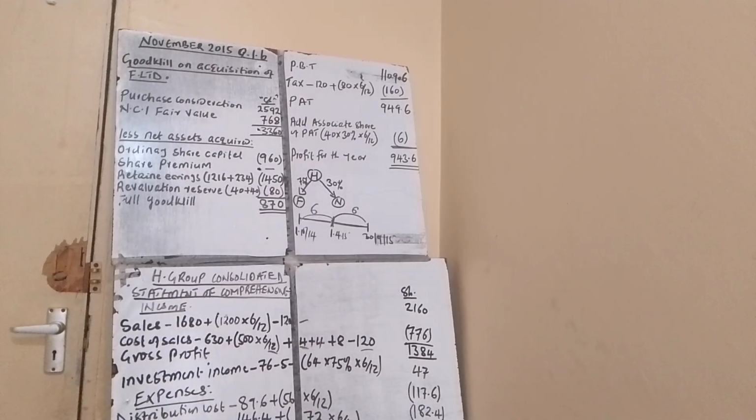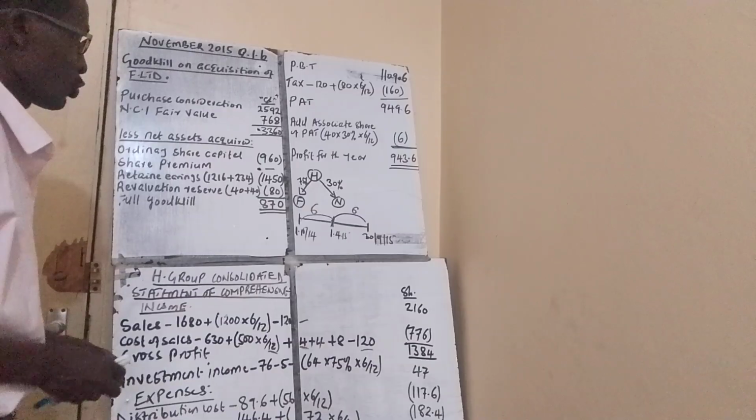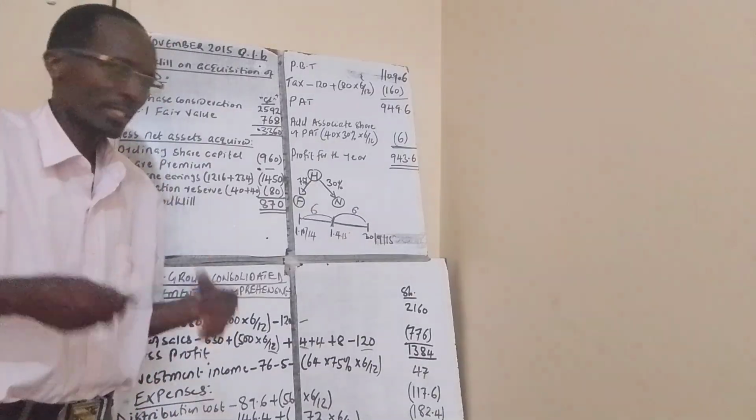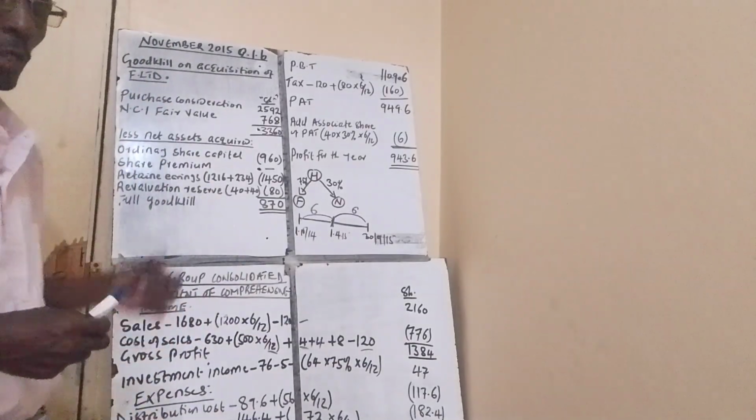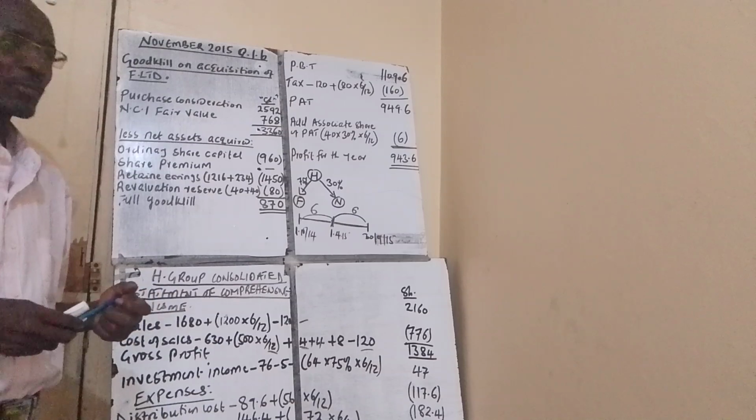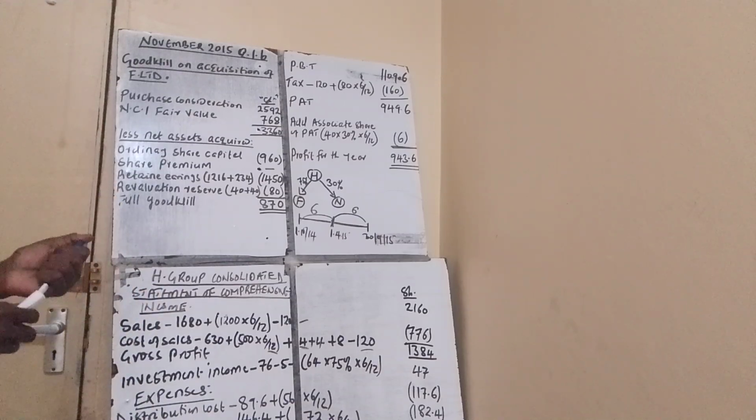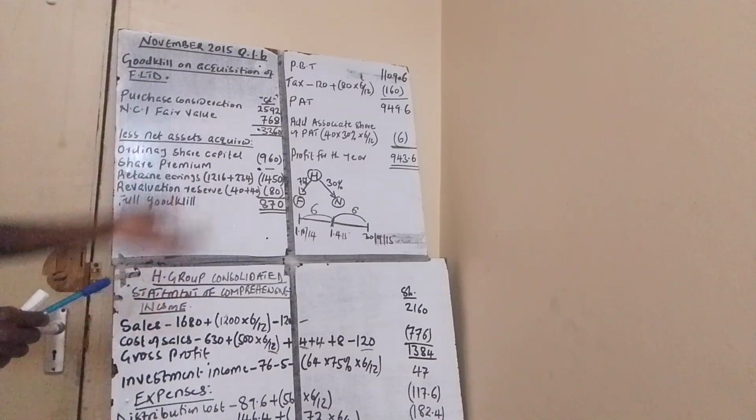Well, I think that's job well done. So, what we have simply discussed today is how to consolidate a comprehensive income statement, and how to calculate goodwill.